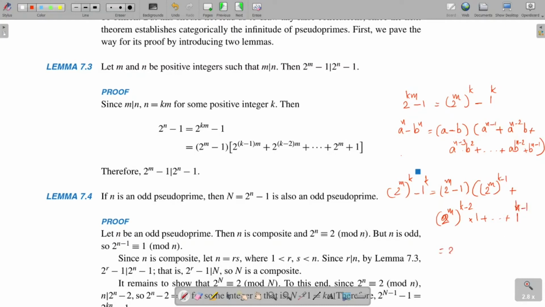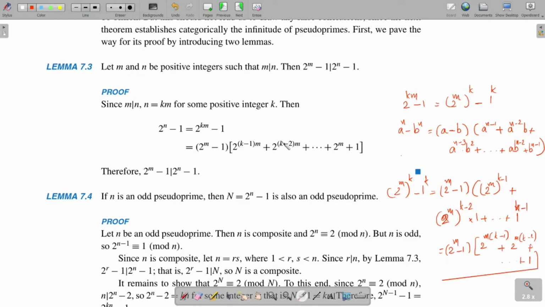So this is equal to (2^m minus 1) into (2^m)^(k-1), which is 2^(m(k-1)), plus 2^(m(k-2)) plus etc. plus 1^(k-1), which is 1.